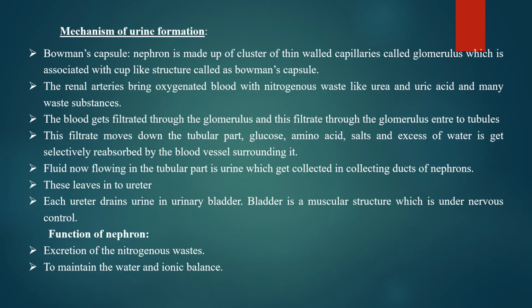Each ureter drains urine into the urinary bladder. The bladder is a muscular structure which is under the control of the nervous system. The main function of the nephron is excretion of nitrogenous waste and to maintain water and ionic balance.